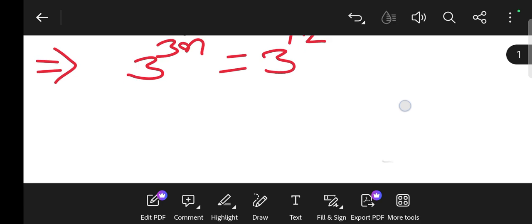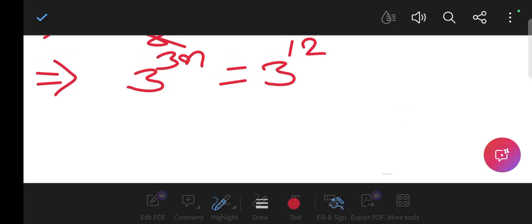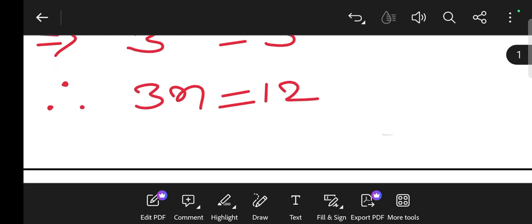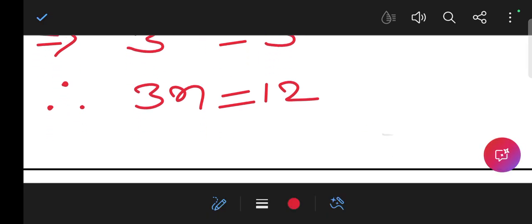We all know the rule that if the bases are the same in an equation, then the exponents can be equated. Therefore, 3n is equal to 12, and finally n is equal to 12 by 3, and the final answer is 4.